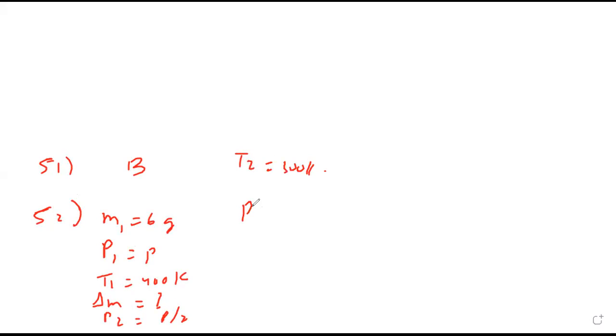So again same thing. PV is given weight upon molecular weight into RT. P1 upon P2 is M1 upon M2 into T1 upon T2.